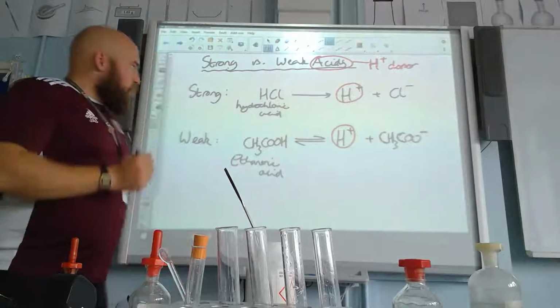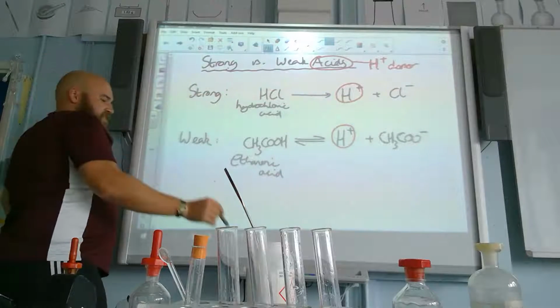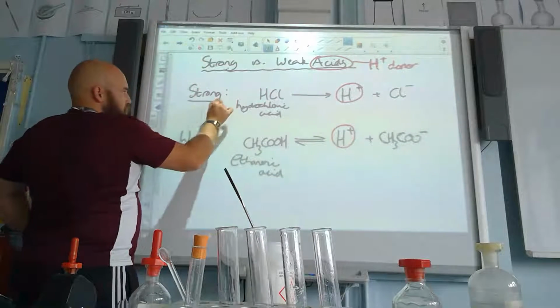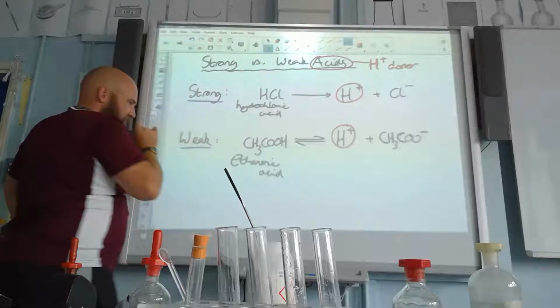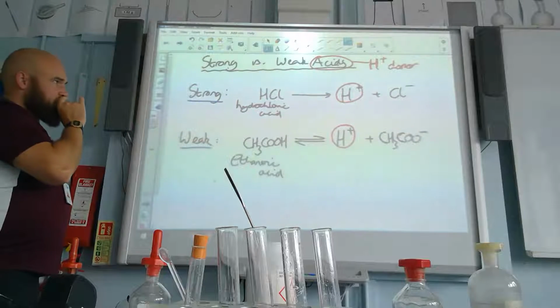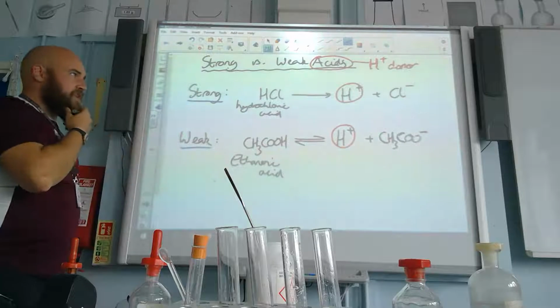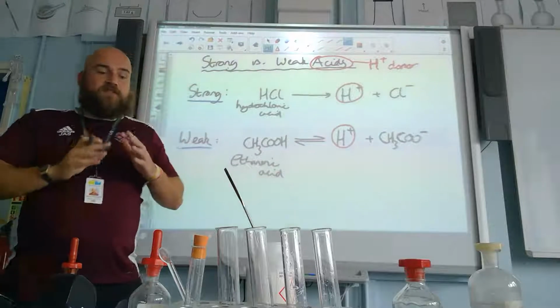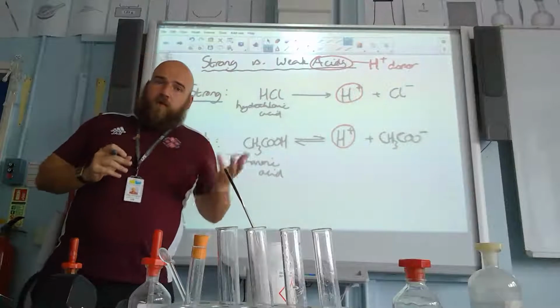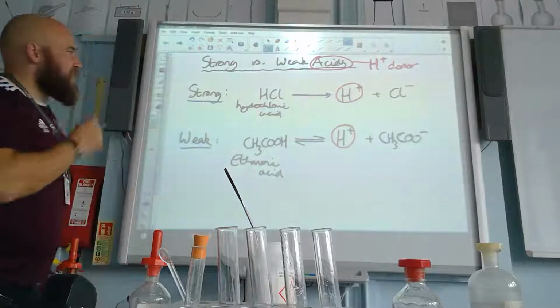Brilliant. But why do we call this a strong acid and this a weak acid? Because these equations help illustrate the definition of strong versus weak. So we know they're both acids because they're H plus donors, but one is strong and one is weak. And why is that?